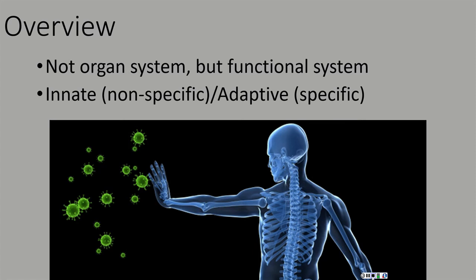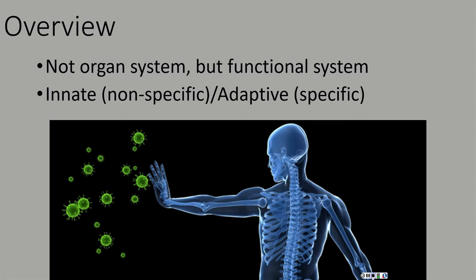And the immune system is broken down into two separate portions. The innate side, which is what we're going to discuss today, is non-specific. It is indiscriminate with what it will fight off. And the next two lectures will focus on the adaptive portion, and this is very specific.